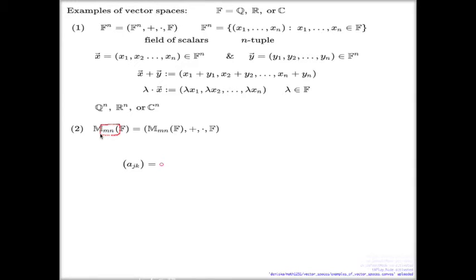In this notation, the first index represents the number of rows. It's a convention we're not going to change ever. And the second index represents the number of columns. So it's a collection of all matrices of size m times n.